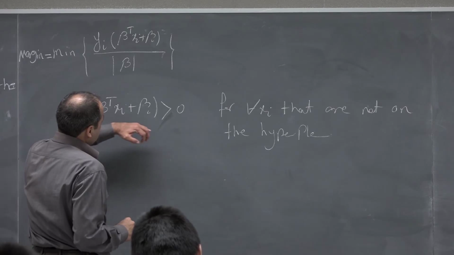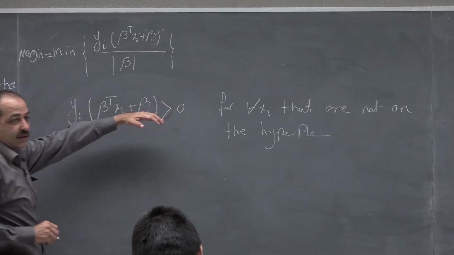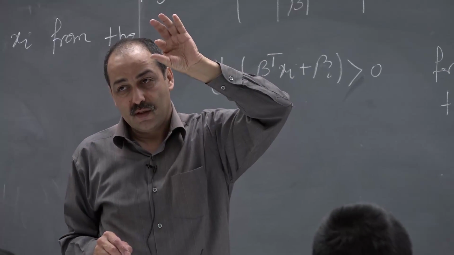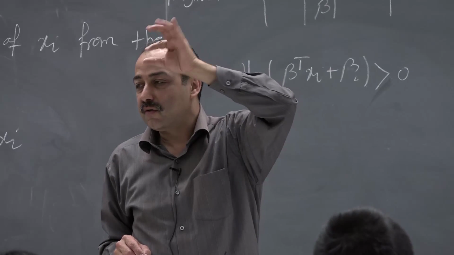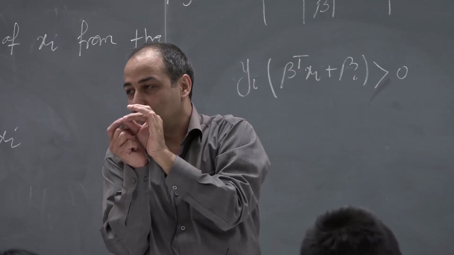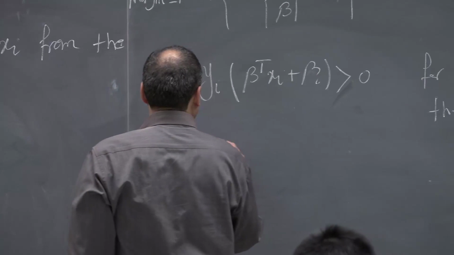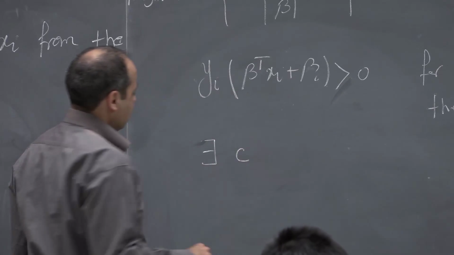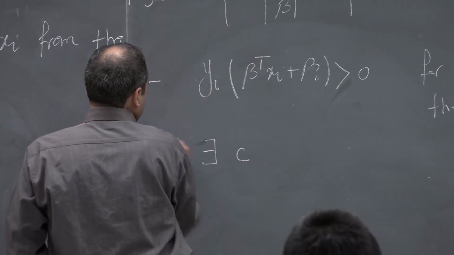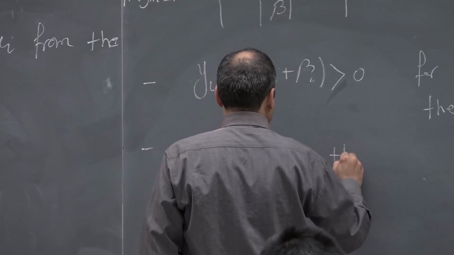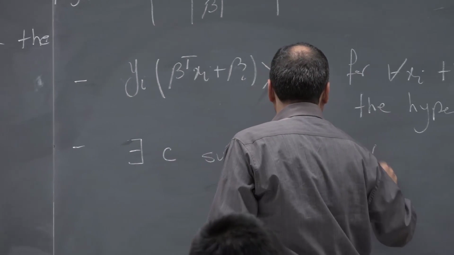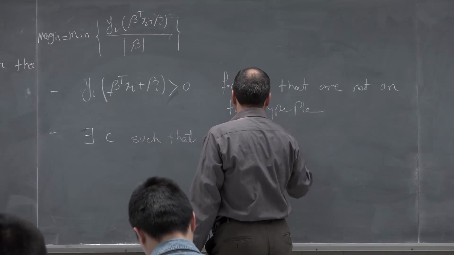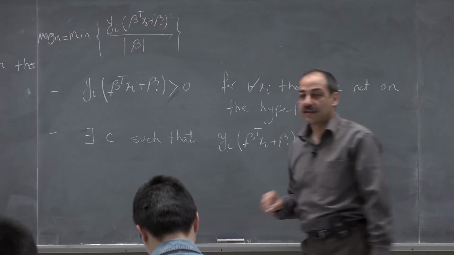Okay, for points that are not on the hyperplane, it's always greater than 0, meaning there is always a distance between this point and the hyperplane. So there is always some constant c such that yi times beta transpose xi plus beta null is greater than or equal to c.